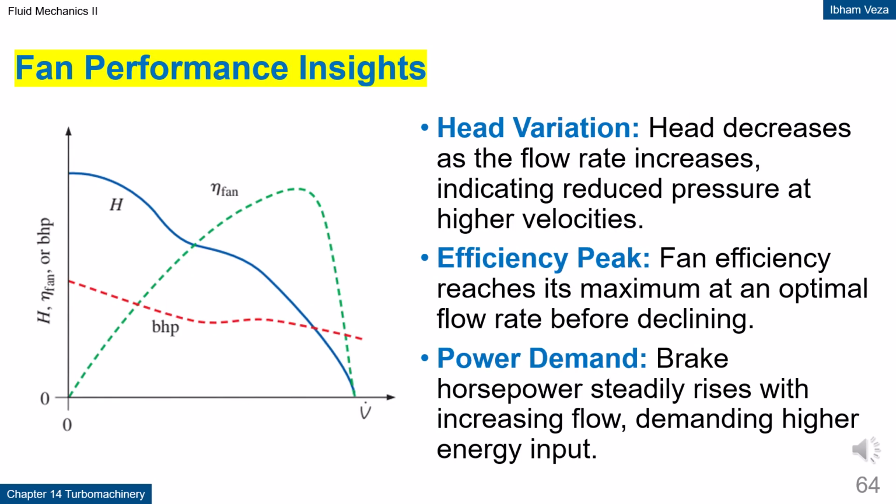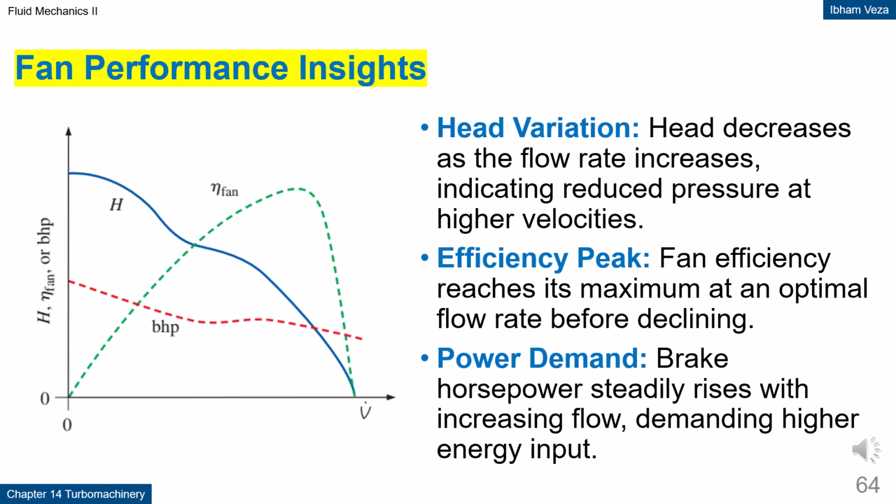Fan performance insights. Fan head decreases as the flow rate increases, indicating limitations in energy transfer capability. Fan efficiency reaches a maximum value at an optimal flow rate. Beyond this point, efficiency decreases even though the flow continues to increase.